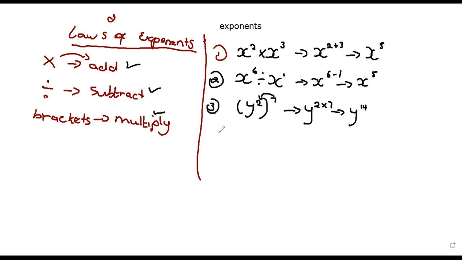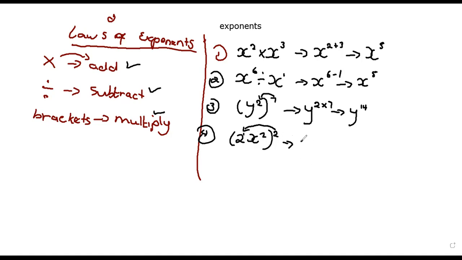Or the other one that is relevant to this law, even if you are given information like 2x squared, then they put a squared like this. Now you have to multiply this with that one, because you have to understand that there is a 1 here, even if they didn't tell you.